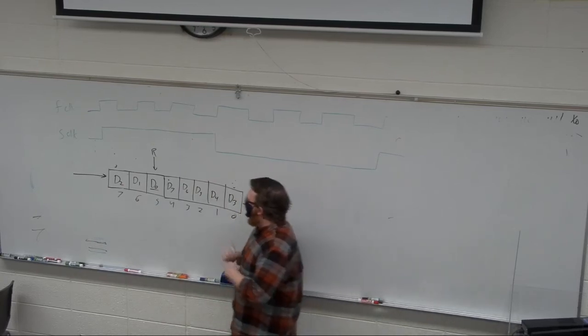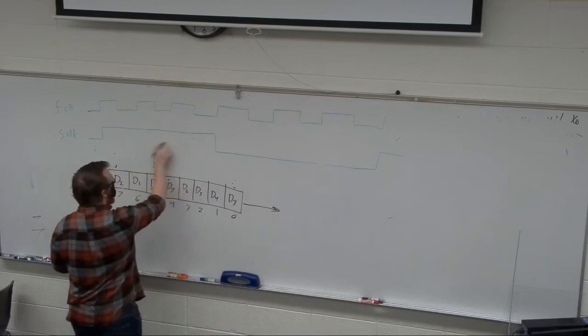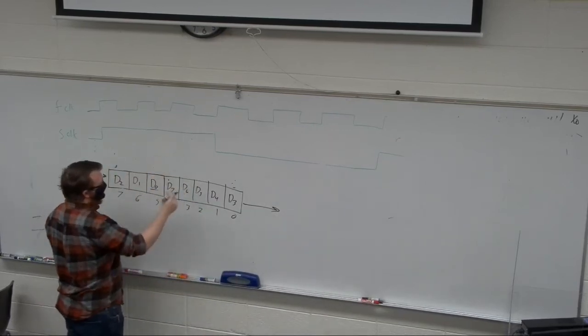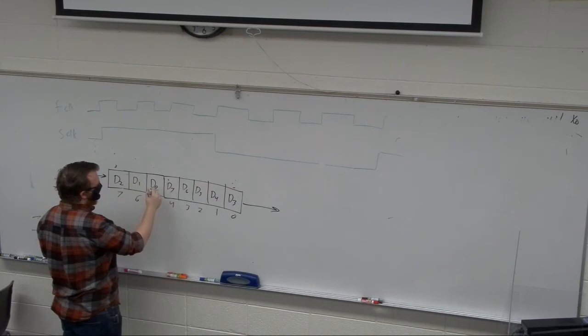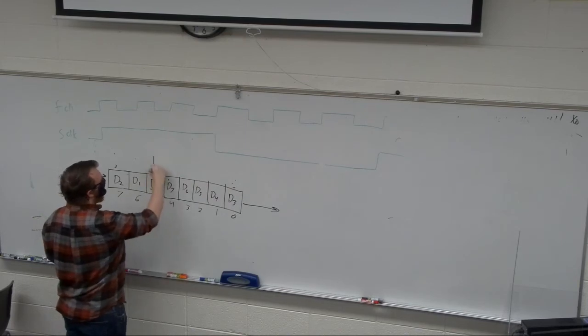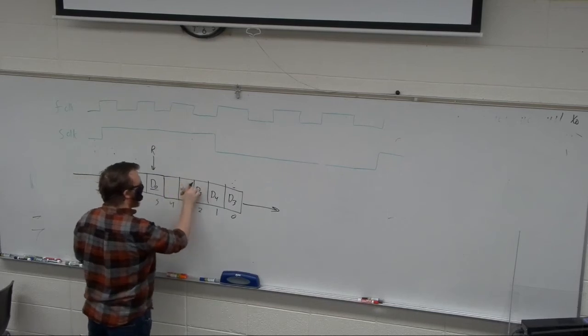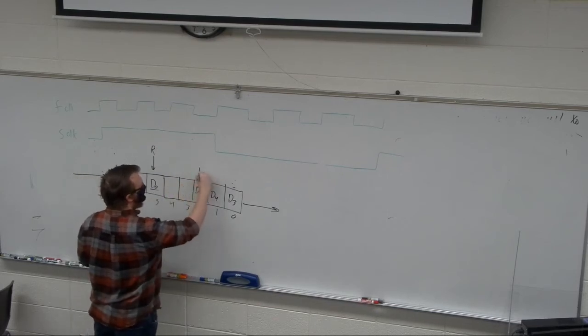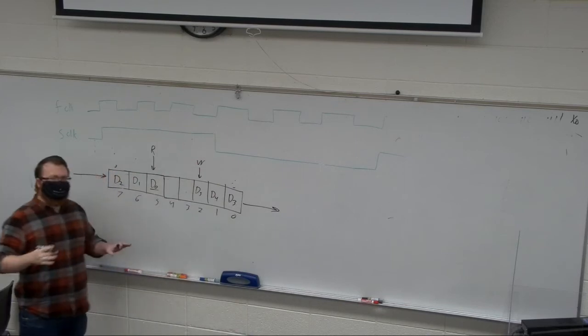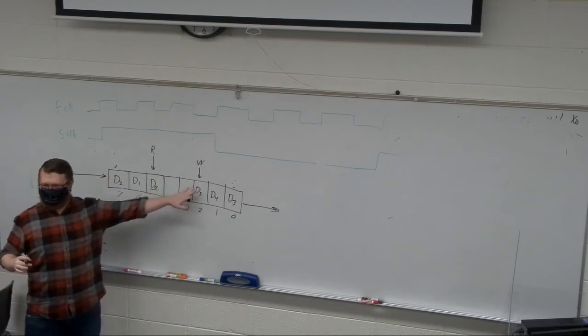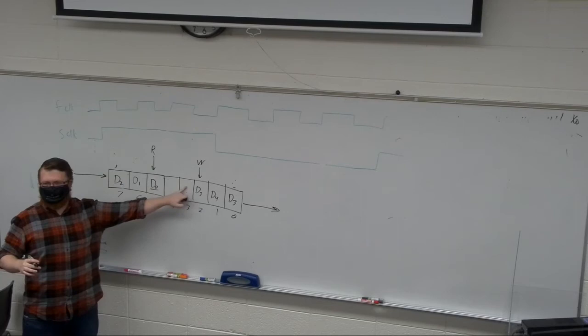So if my read pointer, well, let's leave read in place. We haven't done any reading yet, and my write pointer is here. I might want to output the almost full flag to say that we've only got 2 more bits, right?